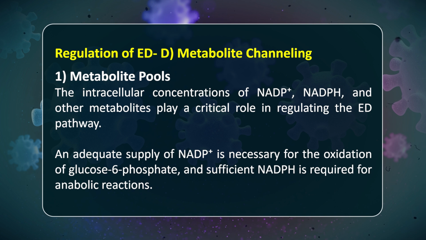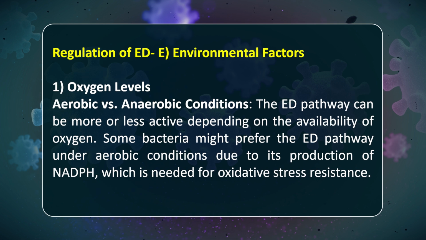An adequate supply of NADP plus is necessary for the oxidation of glucose 6-phosphate, and sufficient NADPH is required for anabolic reactions. Coming to the second one, oxygen level, aerobic and anaerobic conditions, that comes under environmental factors. The ED pathway can be more or less active depending on the availability of oxygen.